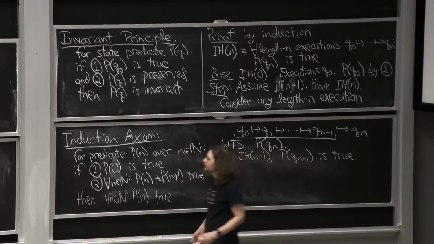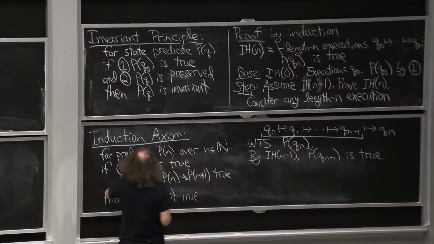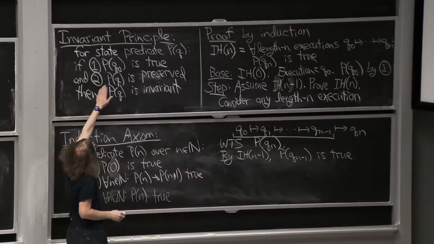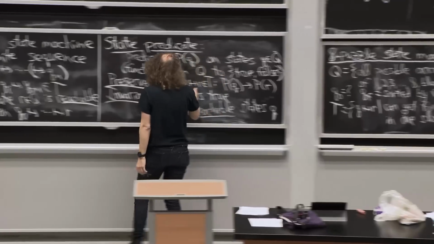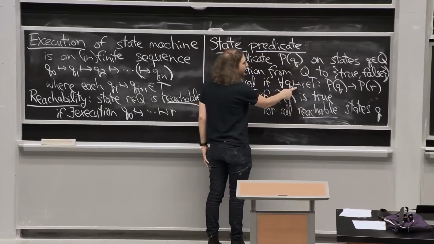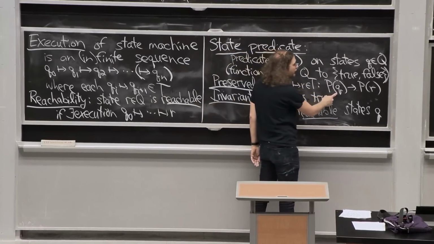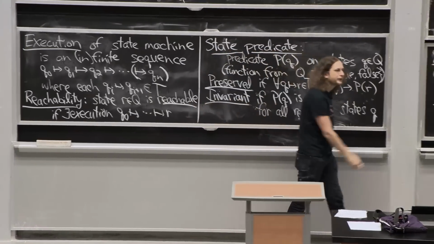Why is that? Because of property 2: P of Q is preserved, which we can unroll over here. It says for every transition, in particular the one from Qn minus 1 to Qn, P of Qn minus 1 implies P of Qn.